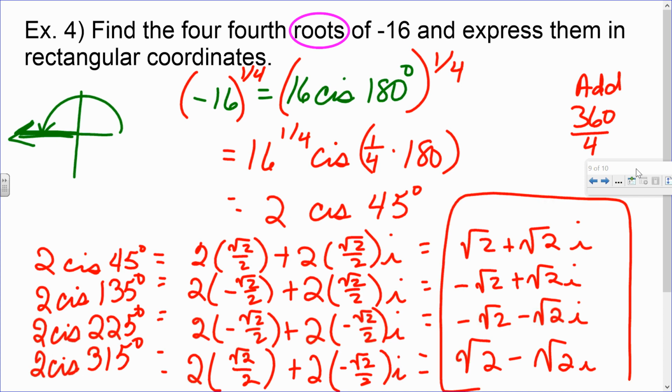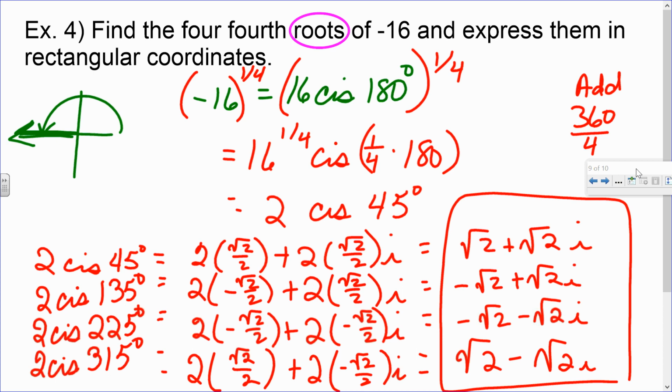And I'm going to be picky on your work. No plus minus combination signs on these. I want to see that you understand the 4 different roots that you've gotten. And I want them in the order that you'd go around the circle. The 45, then the 135, then the 225, then the 315. I don't want these jumbled in some different order. I want to be able to easily check your work.